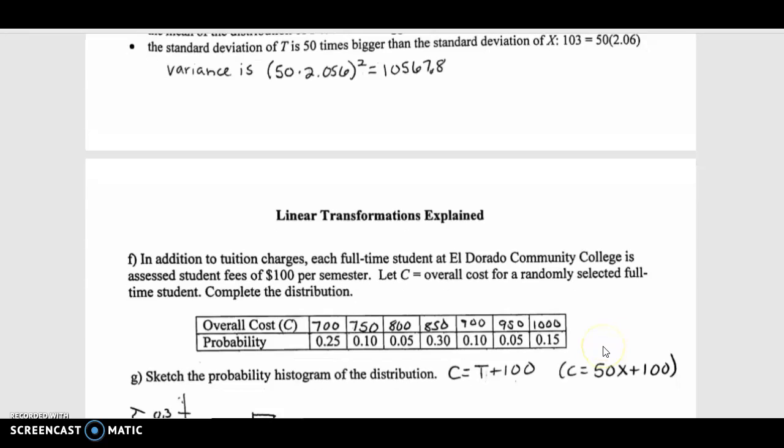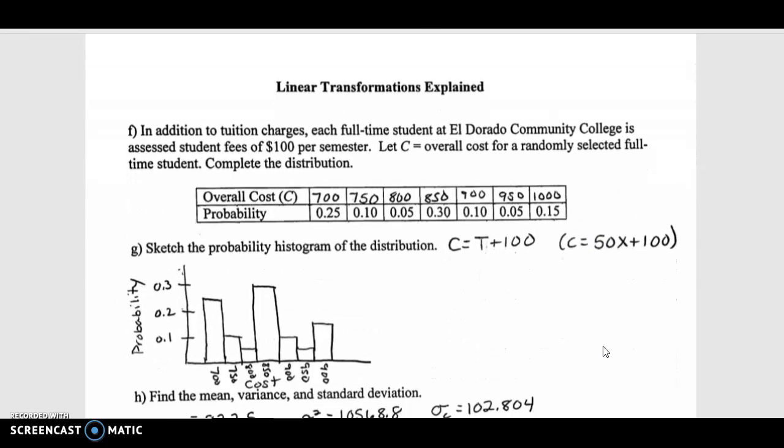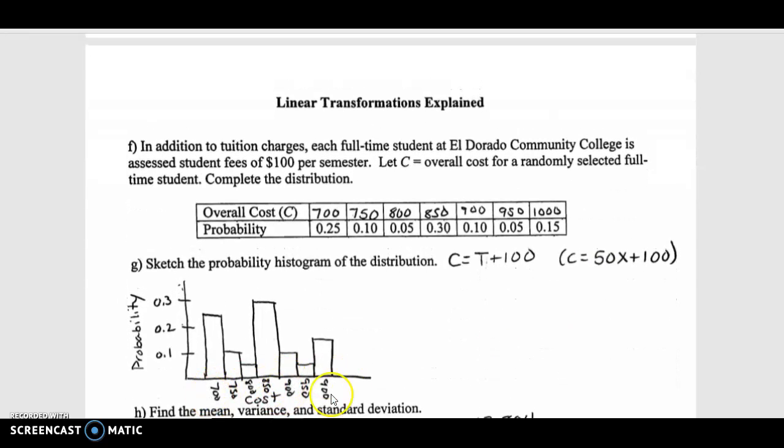So histogram wise, just to save a little time, here's my new histogram. Notice the x-axis is now all of those tuitions, but plus that $100 student fee. And lo and behold, the shape is the same. It just shifted up 100. So all of these bars are just 100 higher than the previous. So no change to shape.